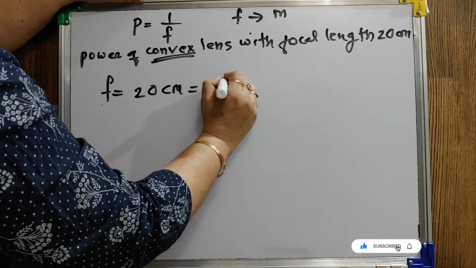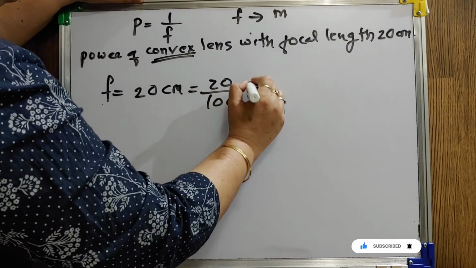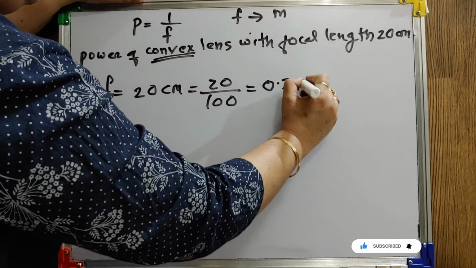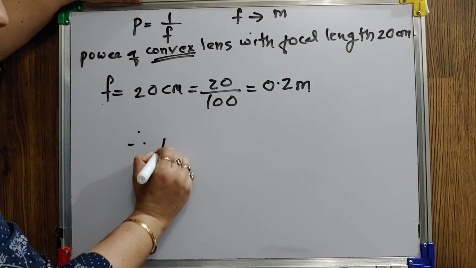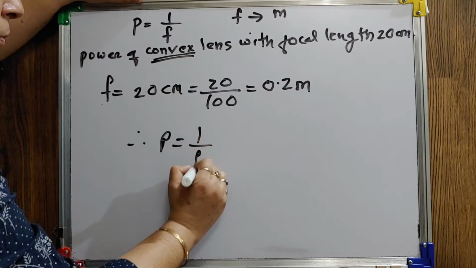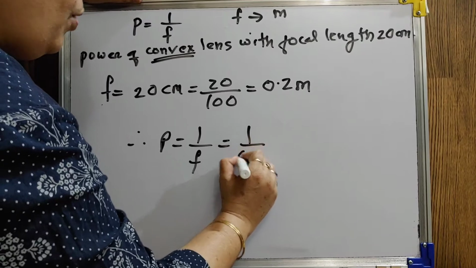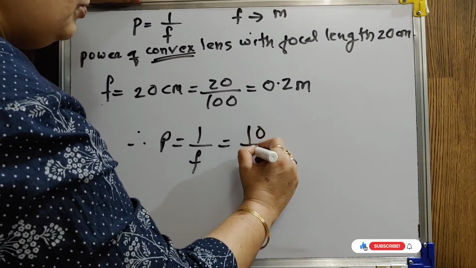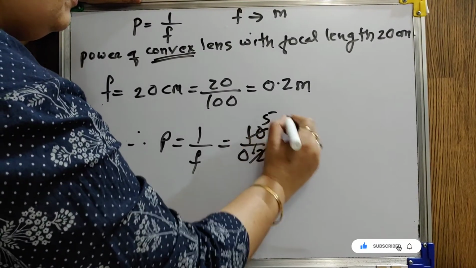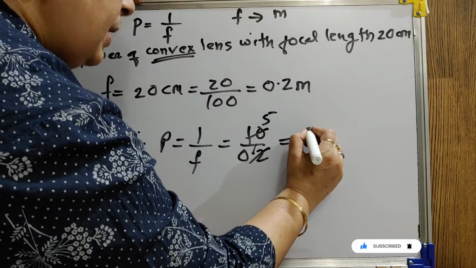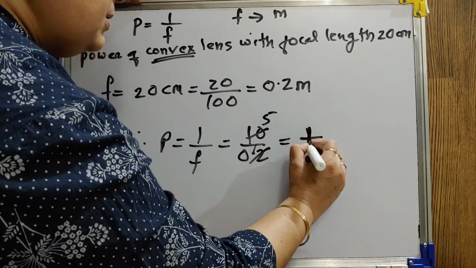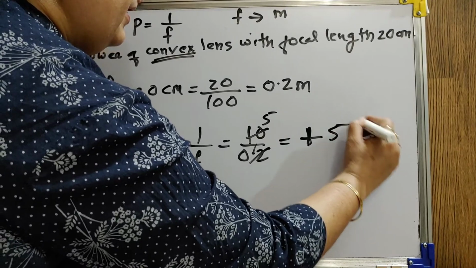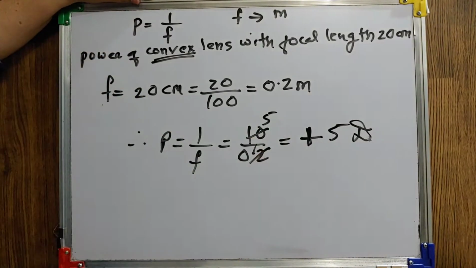But I have to convert it into meter, so it is 0.2 meter. Now apply the formula of power. It will be 1 by 0.2. Remove the decimal. So it will be plus 5 diopter. Why plus? Because it is convex. This plus and minus is compulsory to show.